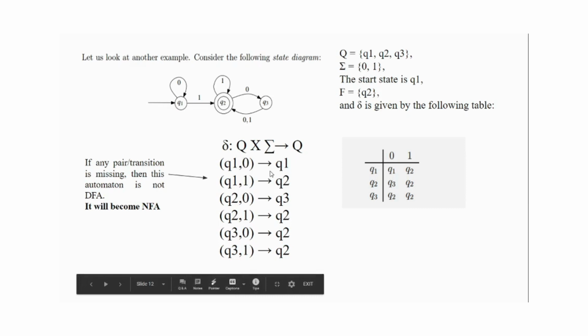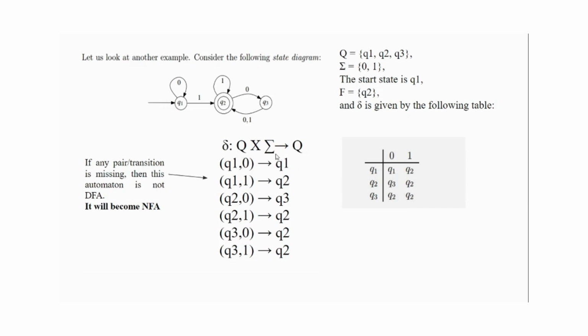Then for each pair, there should be exactly one state after transition. This could be the same state, that is q1 and q1. It's okay, there is no problem. q1 and q2, no problem, but there should be exactly one state. If there are two states, q1 and q2, then this is not a deterministic finite automaton. Hope this point is clear to you.